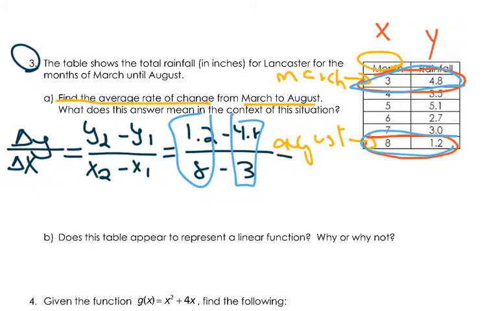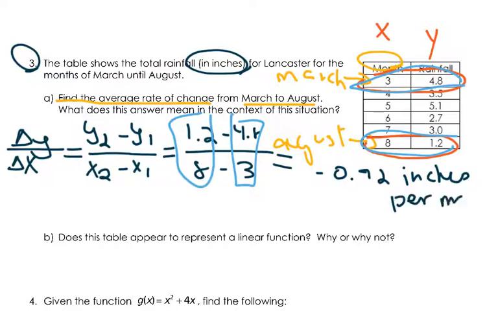I would put this into my handy dandy calculator, and it will tell me that it is negative 0.72. And I can't forget my units, inches per month. Okay, the second part of this question asked, what does this mean in the context of the situation?